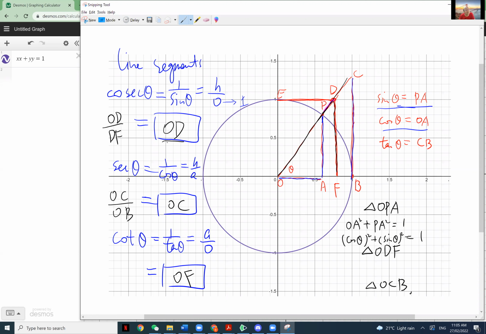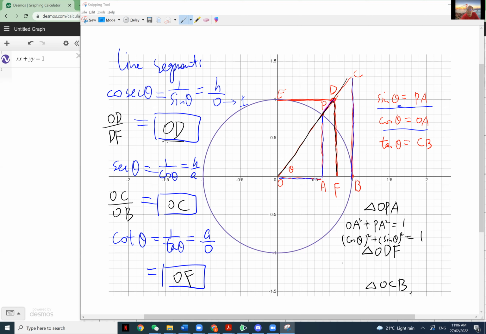Guys, how about the second one? What plus what equals what? ODF, right angle triangle.